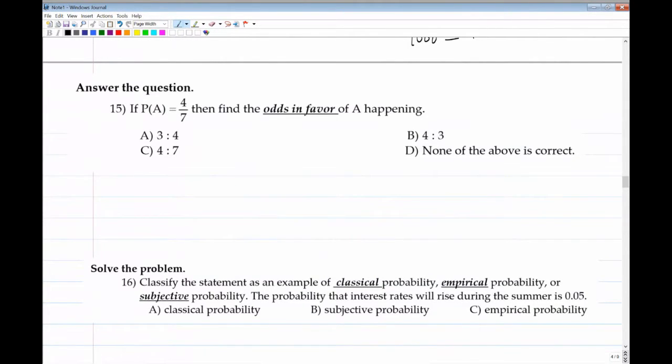Now the next one, it's odds in favor or odds against.